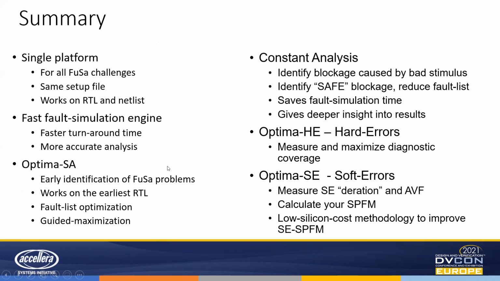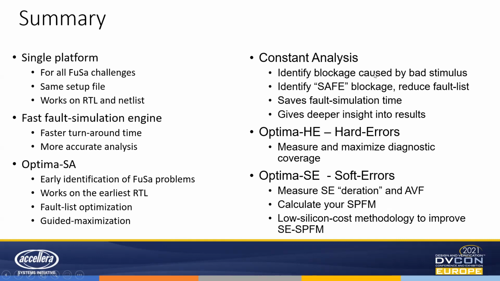So in summary, Optima Safety Platform is a single platform for all the FUSA challenges, with very fast simulation engines for both hard errors and soft errors, and more accurate analysis. To define the individual core engines and their objectives: Optima-HE does early identification of FUSA problems, works on the earliest RTL with no simulation, and can optimize the fault list with guided maximization.